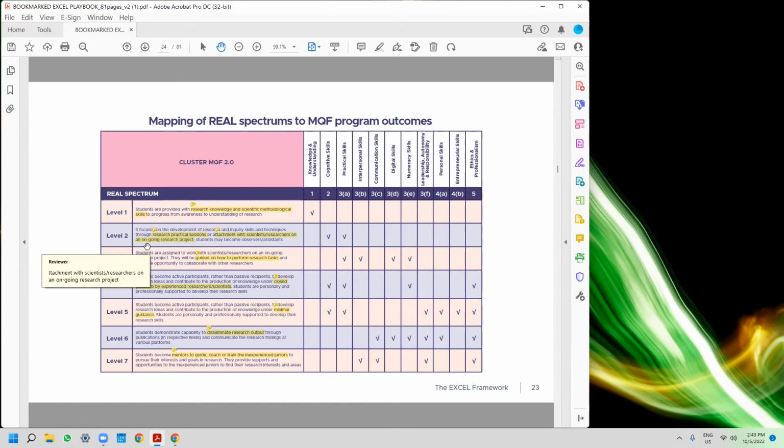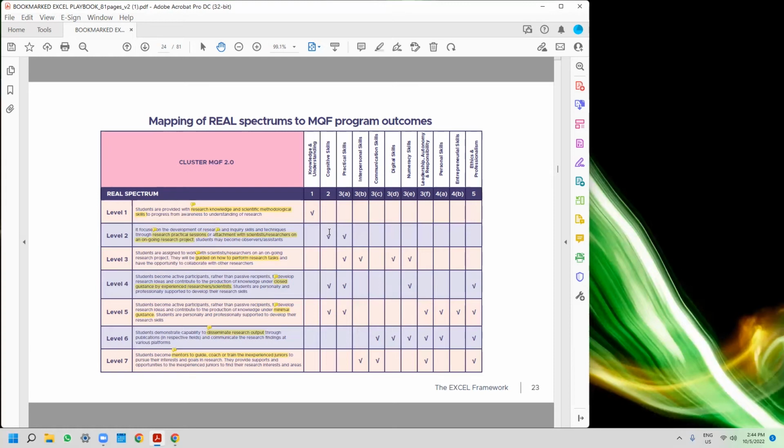So in level 2, when we look at practical skill, do we have any practical skill being offered in your first year? Or is there any PO2, PO3? This is PO3, critical thinking. So are there any courses that have this? Are courses A, B, C that are offered during the first year offering cognitive skill?